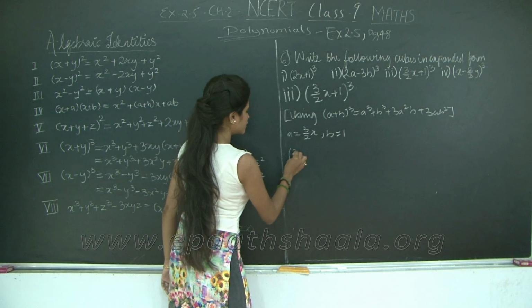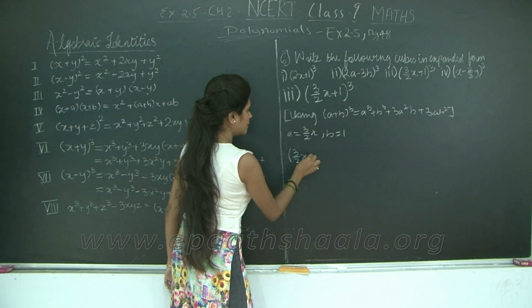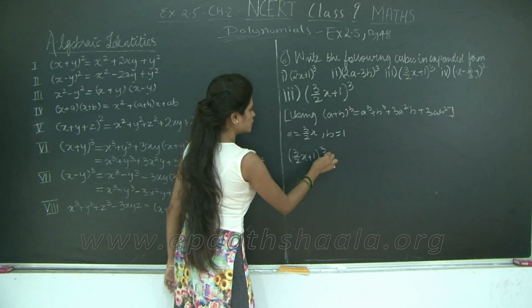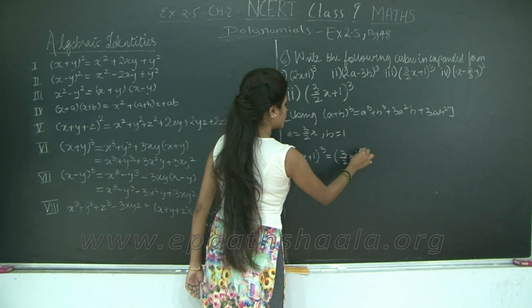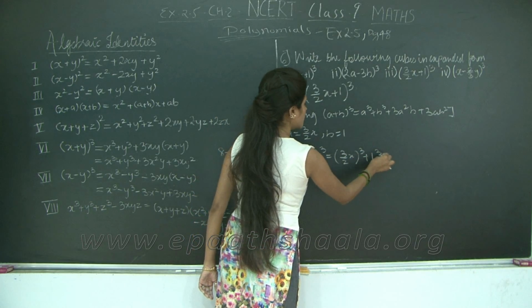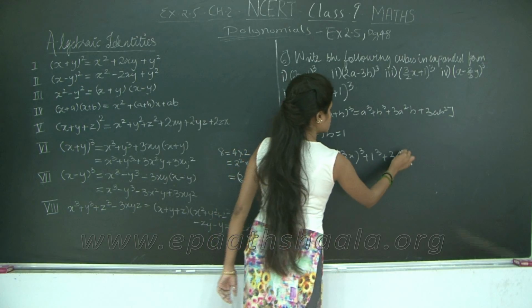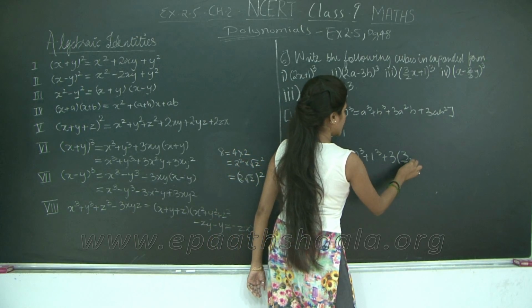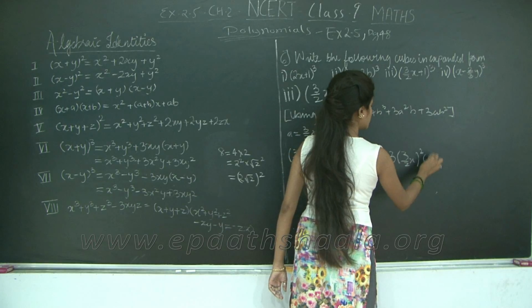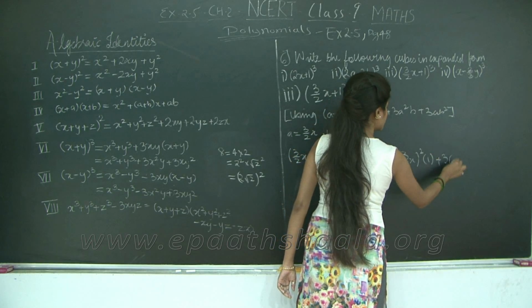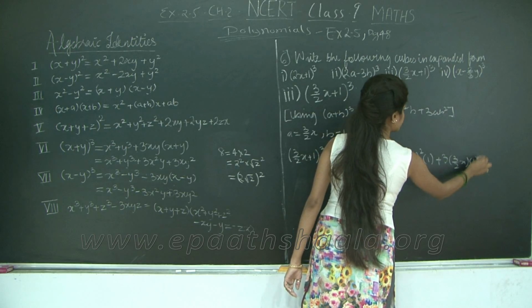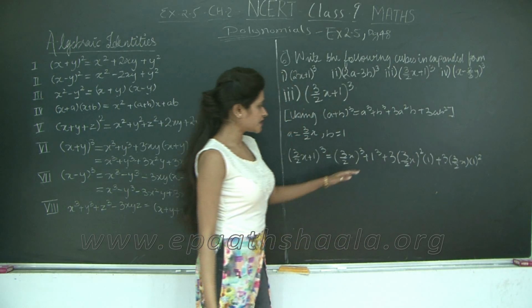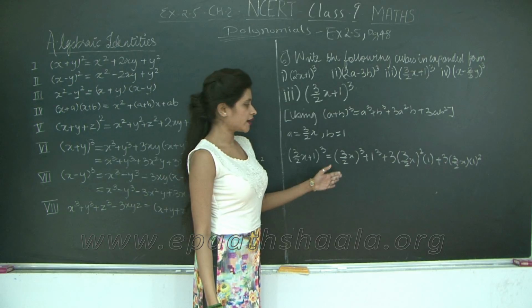So you have 3 upon 2x plus 1 the whole cube is equal to 3 upon 2x the whole cube plus 1 cube plus 3 into 3 upon 2x the whole square into 1 plus 3 into 3 upon 2x into 1 square. So we have substituted the values of a and b into our expression.